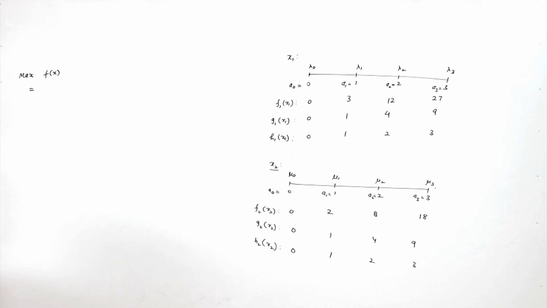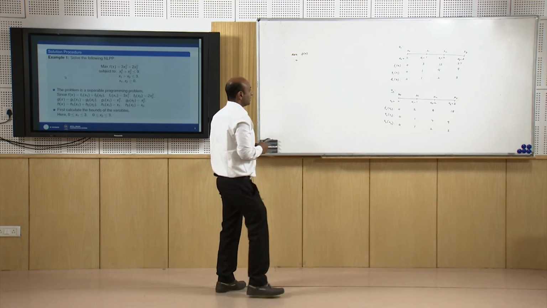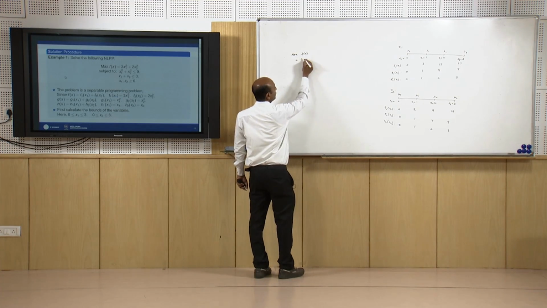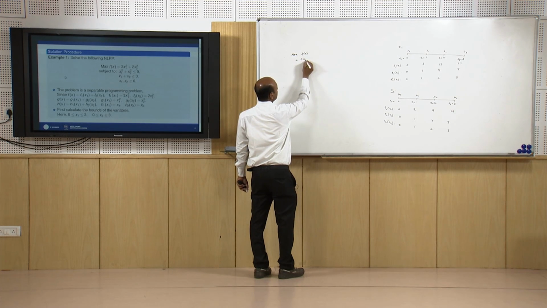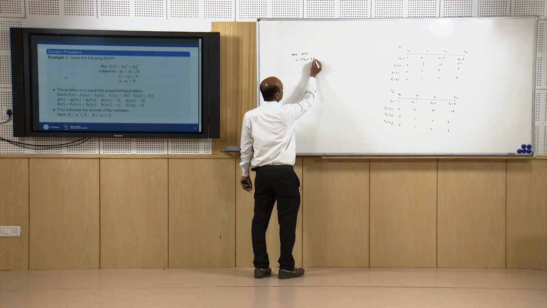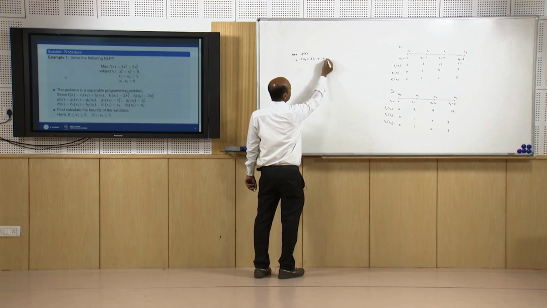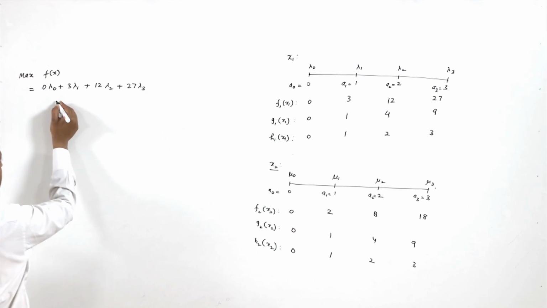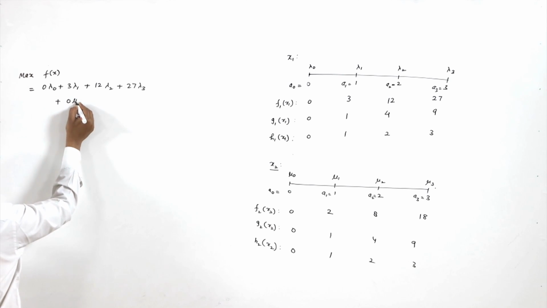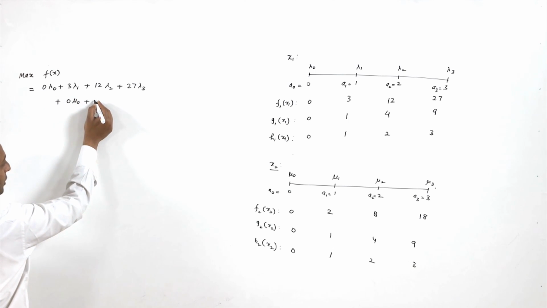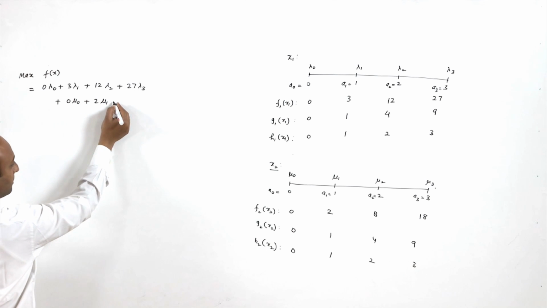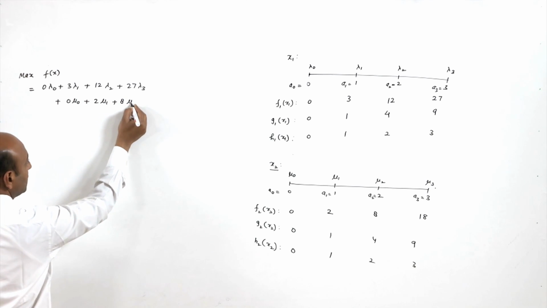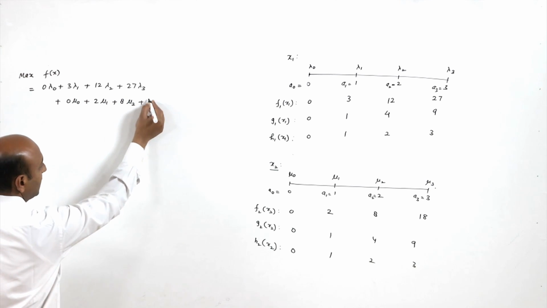Fx is nothing but the sum of linear approximation of f1 x1 and f2 x2. So it will be 0 into lambda naught plus 3 into lambda 1 plus 12 into lambda 2 plus 27 into lambda 3 plus 0 into mu naught plus 2 into mu 1 plus 8 into mu 2 plus 18 into mu 3.